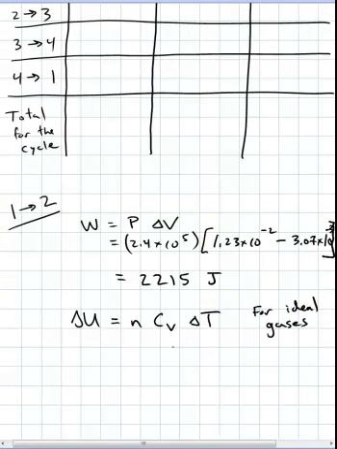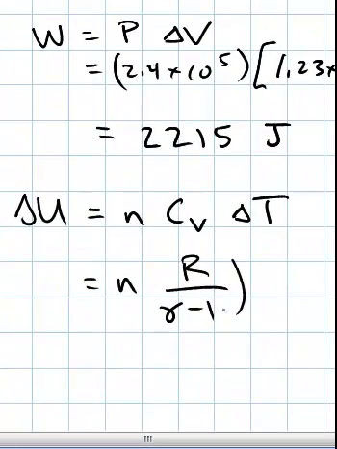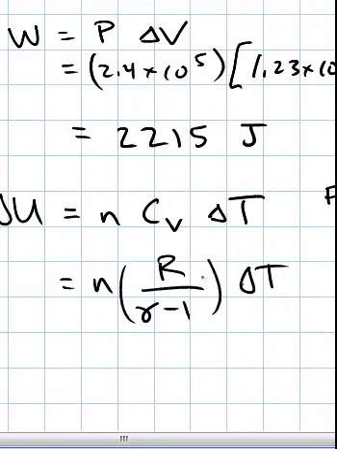The only other thing we need now is CV. And CV can be written as R over gamma minus 1. And R we know, 8.314. And gamma we know, in this case it's 1.4.